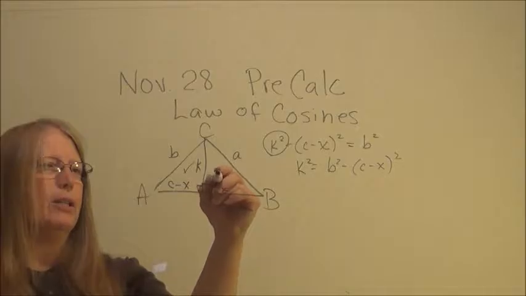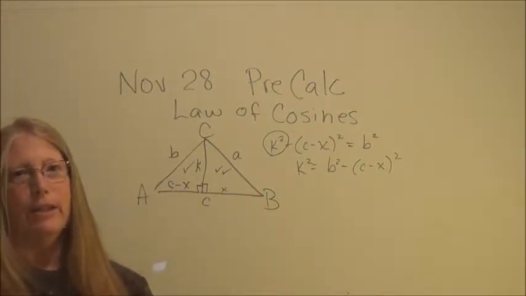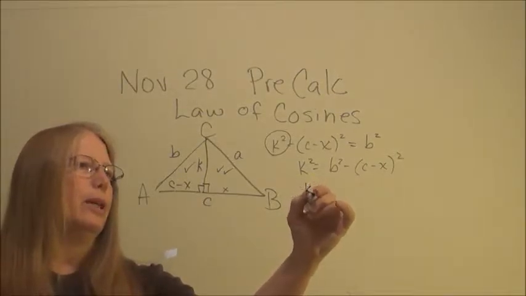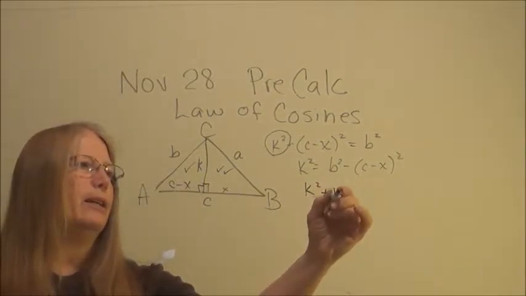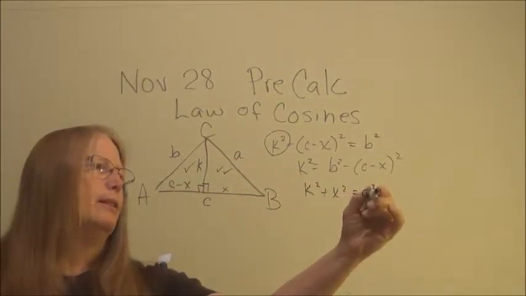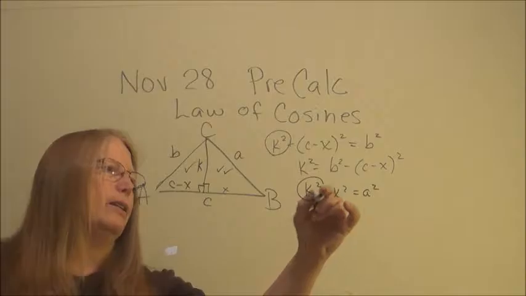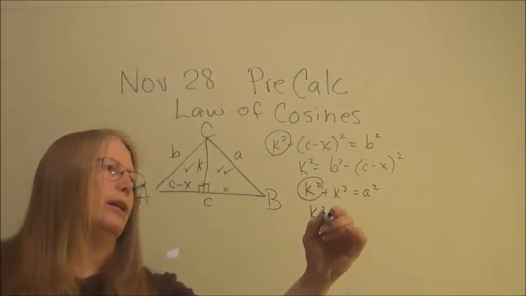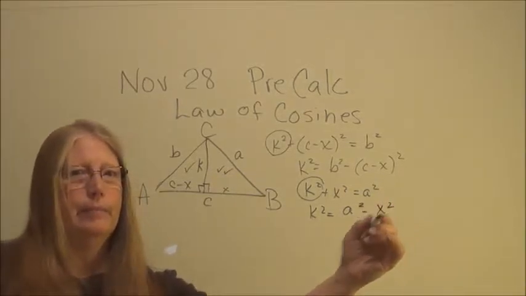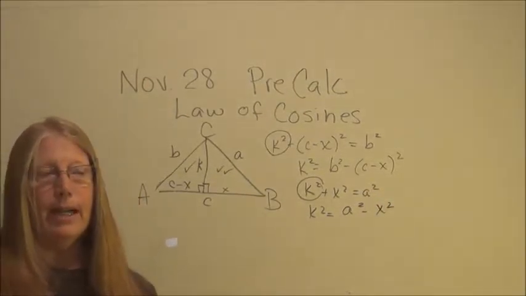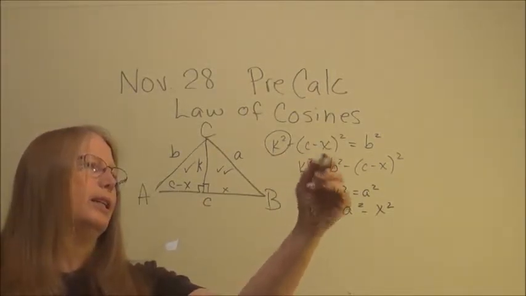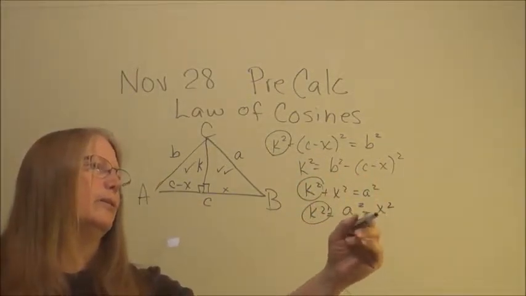And now I'm going to look at this side of the triangle and use Pythagorean relationships there, where I get k squared plus x squared equals a squared. So I solve that for k squared, and I get k squared equals a squared minus x squared. With that in mind, I see that k squared equals this, and k squared equals this.